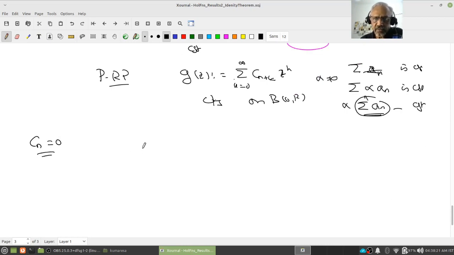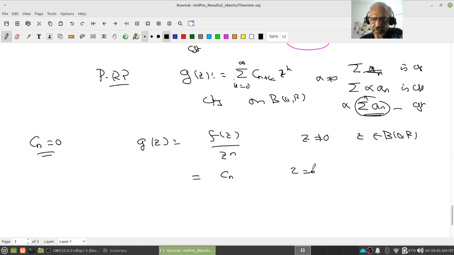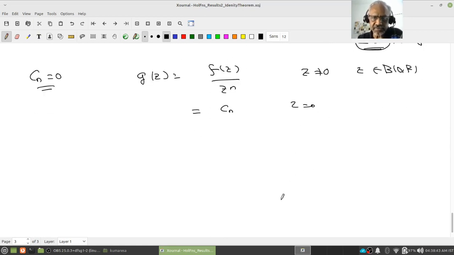So I want to make use of an alternate description of g(z). Notice that g(z) is nothing else than f(z) divided by z^n if z is not equal to 0 and z is in B(0,R). And what is g(0)? That is of course Cn at z equal to 0. That's our definition.